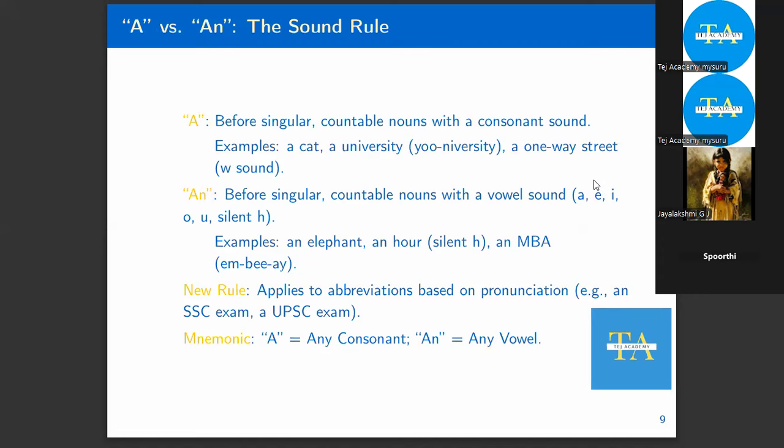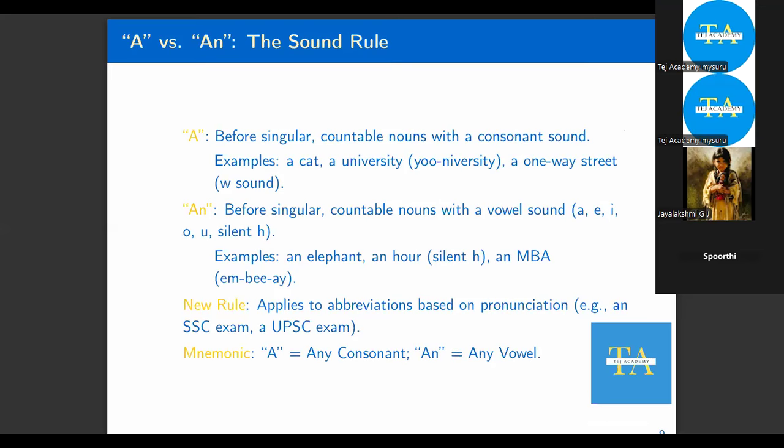Okay, so first I will go with a. It is used in front of singular countable nouns with a consonant sound, like a cat, a university, a one-way street. Here we have a, which can be used in front of all the consonant sounds, but there will be some exemptions, like a university. We use a in front of university, although it starts with U, because it makes the sound of Y-O-U.